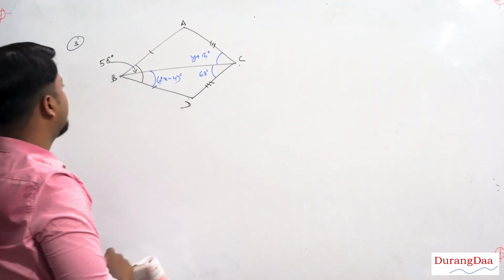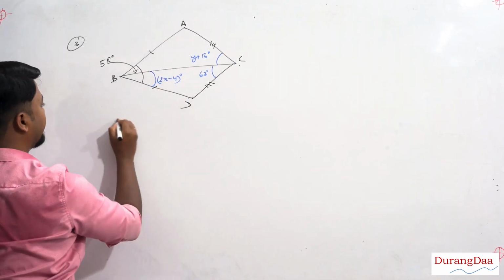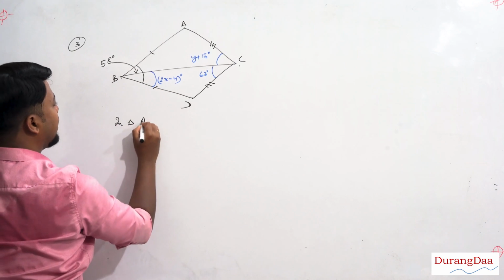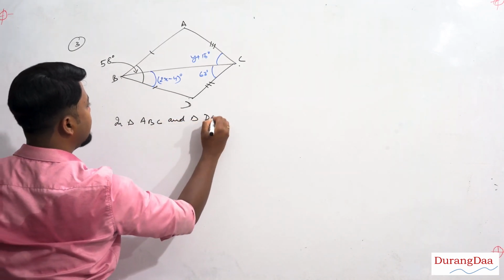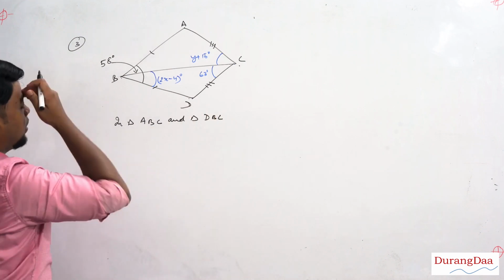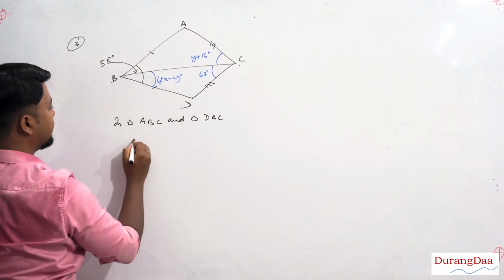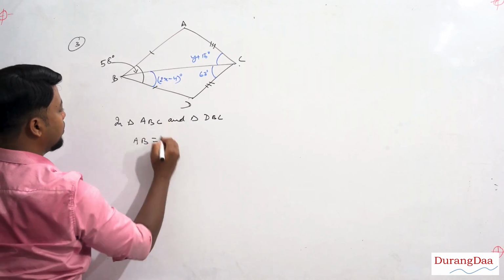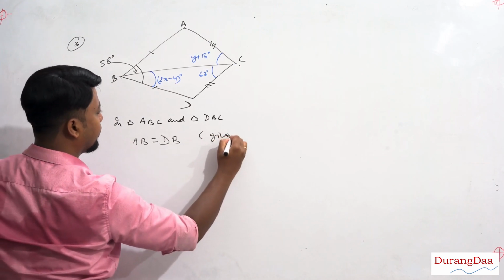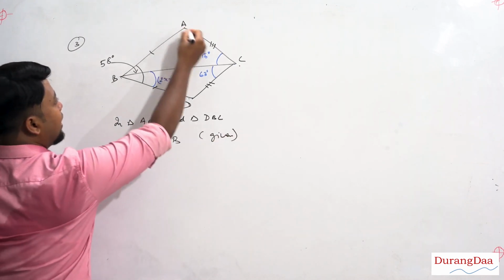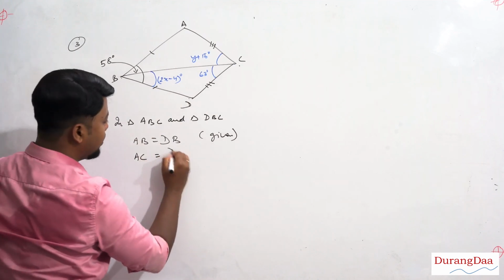Okay. So first and foremost, you prove these two triangles congruent, triangle ABC and triangle DBC. Already they have mentioned AB equals BD. All right, it is given. Second one, AC equals DC.